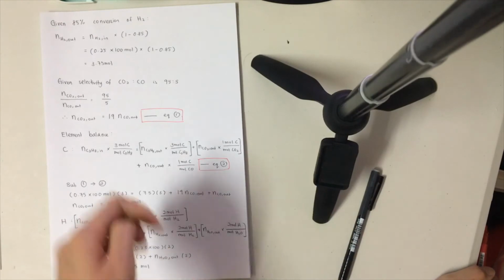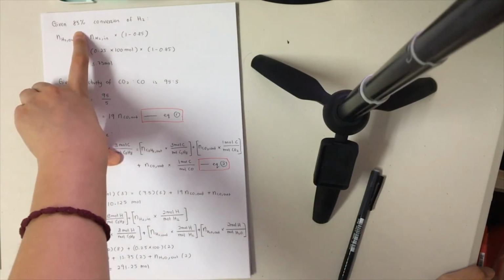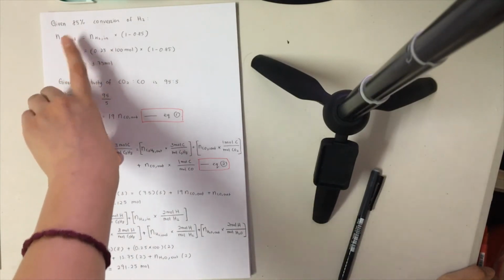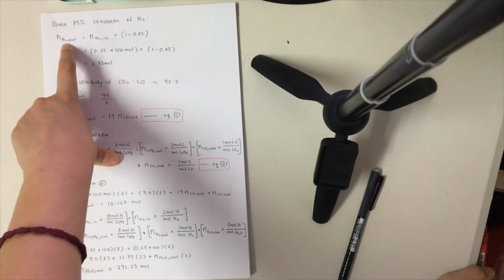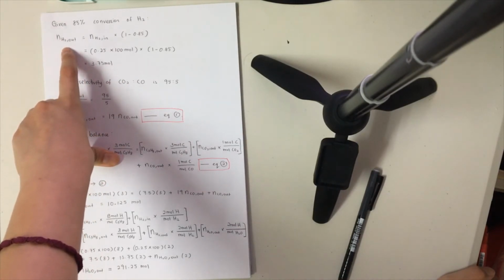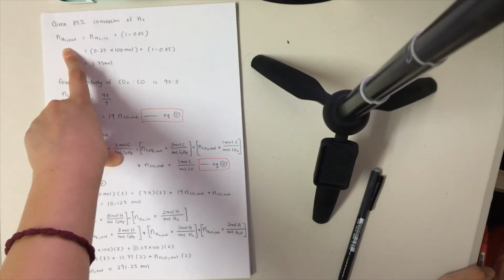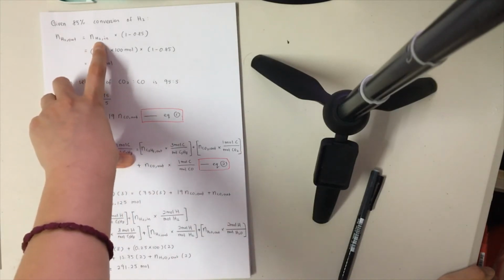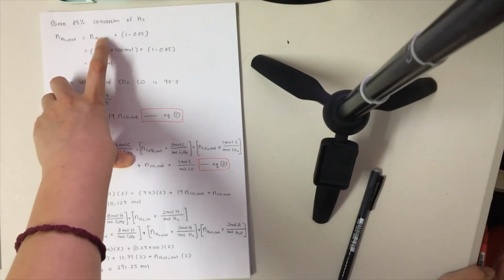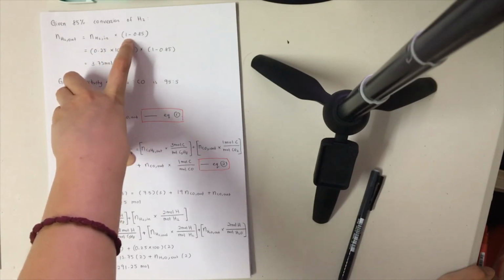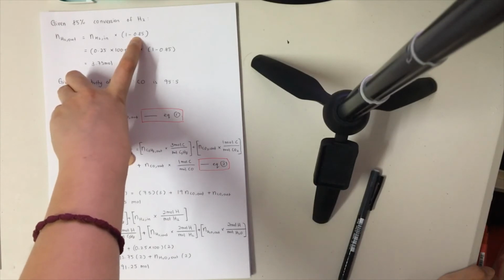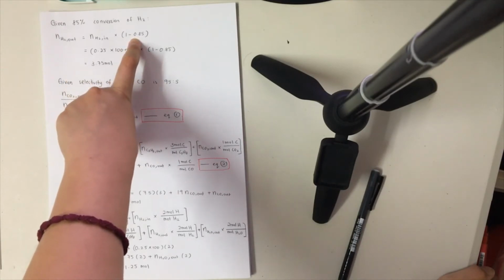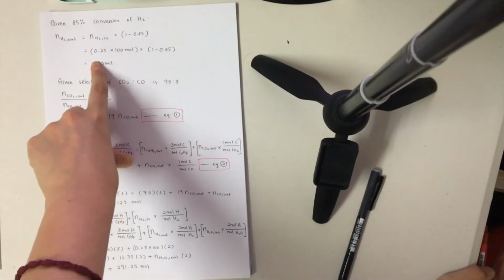Same goes for H2. We know only 85% conversion is achieved, so whatever H2 comes out is 15% of the remaining H2 that is not used. So multiply the amount of H2 that goes in with 15%. 1 minus 0.85 is 0.15, which also equals 15%.